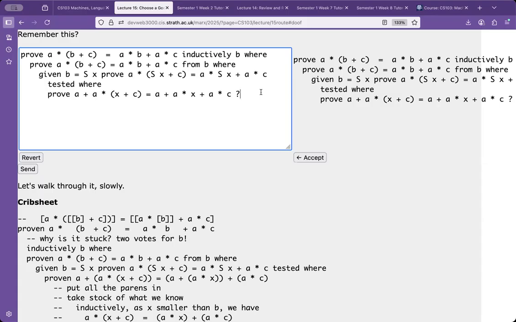Sometimes it's helpful, in order to figure out what's a good proof move, to write the parentheses in. Okay, so we remember that plus associates to the left, so does times, and times has higher priority than plus.